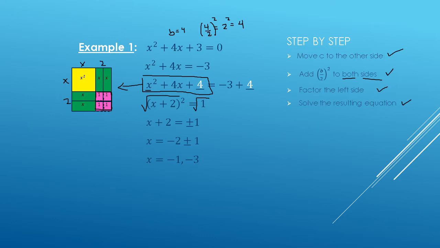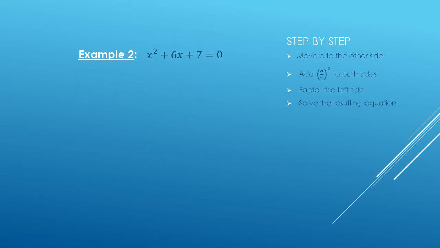The next one will be faster, you'll see. Alright, so x squared plus 6x plus 7. Let's move c to the other side, and in the same breath, I'm also making room for me to complete the square. For visualization, here's a little preview. There's my x squared. My 6x's, I need to split them up into 3 and 3, which means I need how many ones?